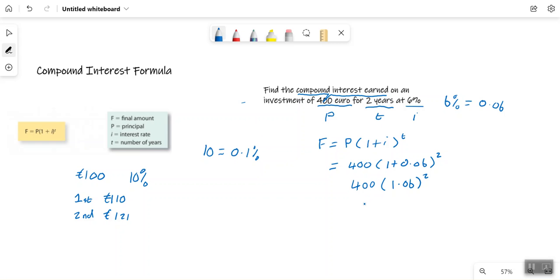So that's going to be 400 multiplied by 1.1236.